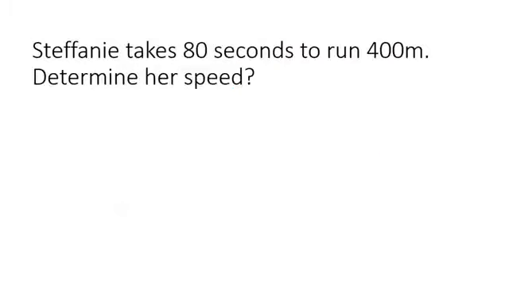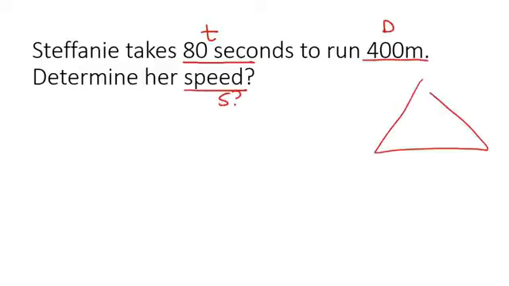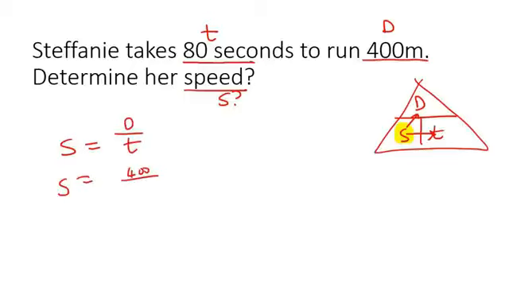This one says that Stephanie takes 80 seconds, okay, that's a time, to run 400 meters, that's a distance. Determine her speed. Okay, so from the DST triangle, we're looking for speed. So speed is equal, now you see the D's at the top and the T's at the bottom, so D over T. And so distance is 400, and time is 80.